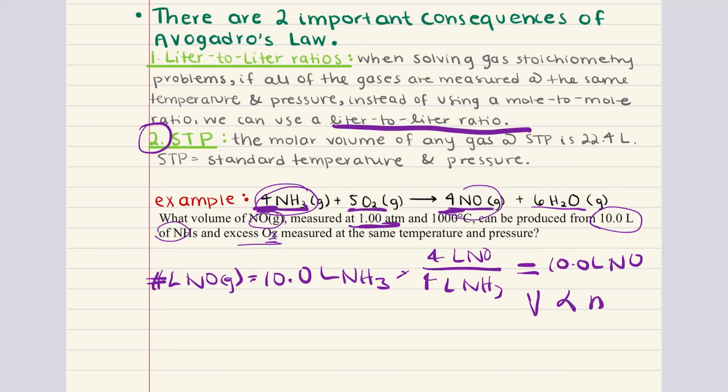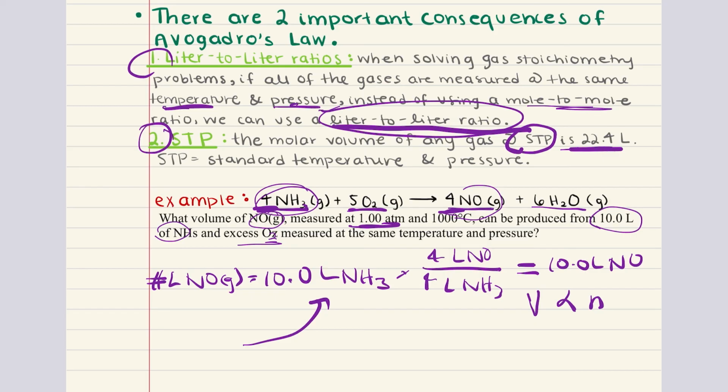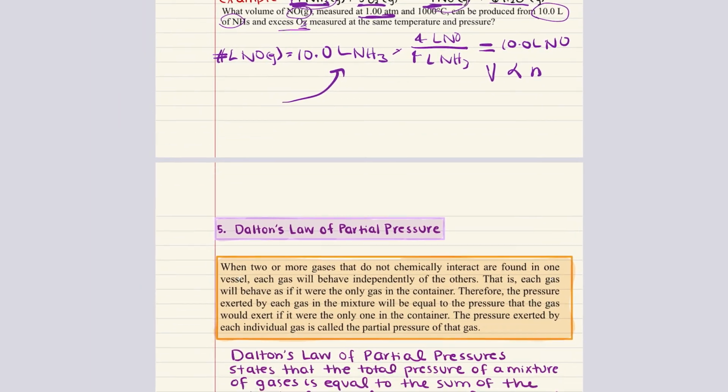So if you're dealing with gas problems and the gases are measured at the same temperature and pressure, you can use liter-to-liter ratios instead of mole-to-mole, just like we did here. And the molar volume of any gas at STP is 22.4 liters. That's an important thing to keep in mind.